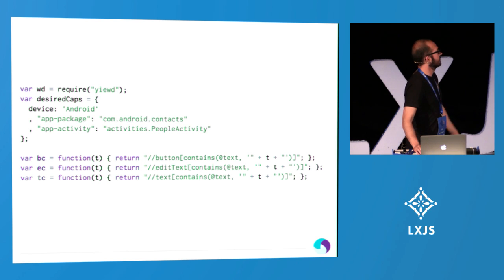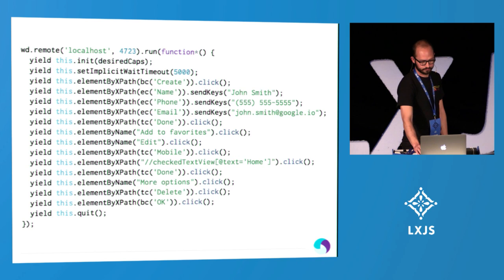So we set the device to Android, and we also have to include some additional information about our application so that Appium can bring up the app in order to automate it. In this case, our package identifier. And then this is the code that you're going to see run in the video. Basically, I'm opening up the Contacts app, creating a new contact, changing some of its details. Finally, I'm deleting it.